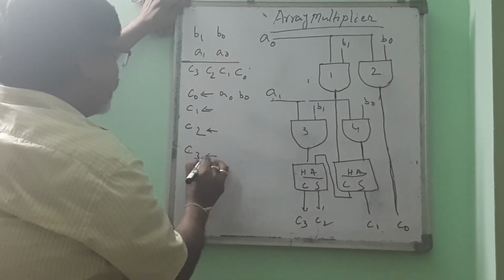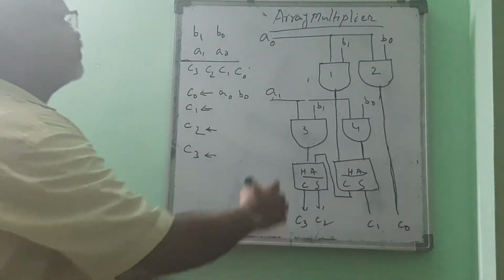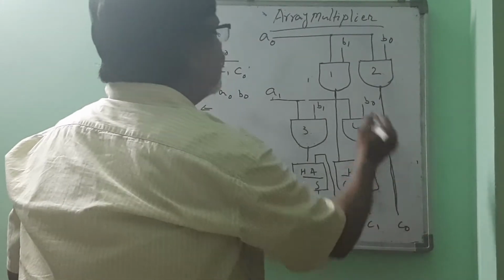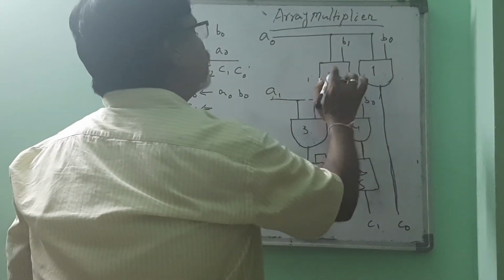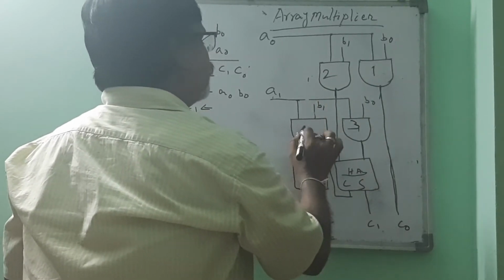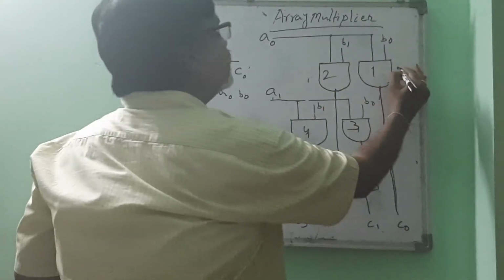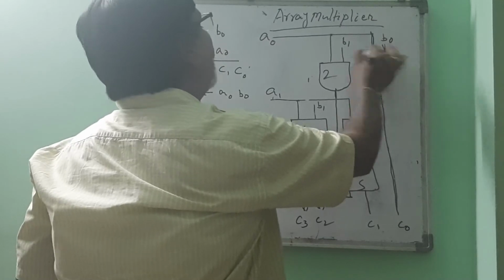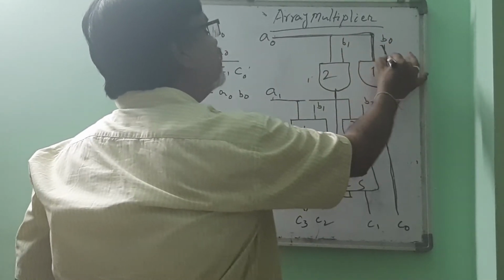What we get here, we will see from this diagram. Here the first gate you see gives C0. You can number these as 1, 2, 3, 4, it doesn't matter. The first AND gate has two inputs, A0 and B0.